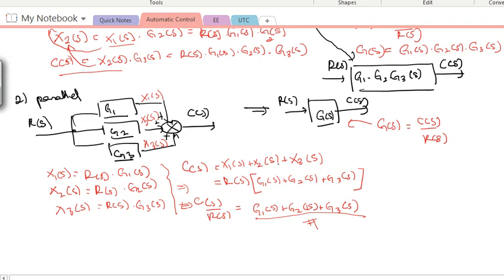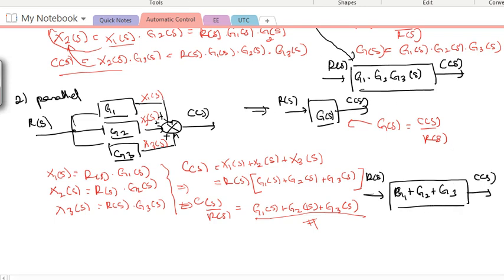So if I have to redraw the new transfer function simplified into one single block, you'd have the same input RS, but inside here you would have G1 plus G2 plus G3S, and then you have an output CS.